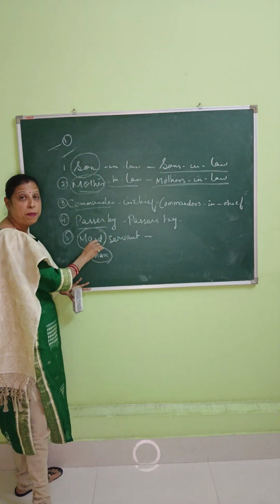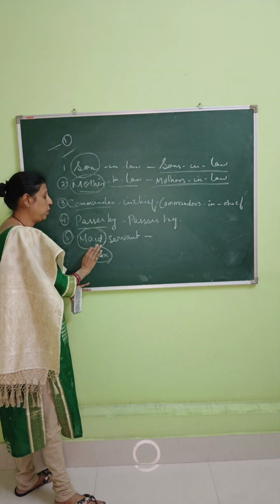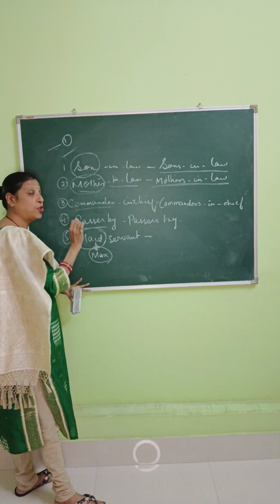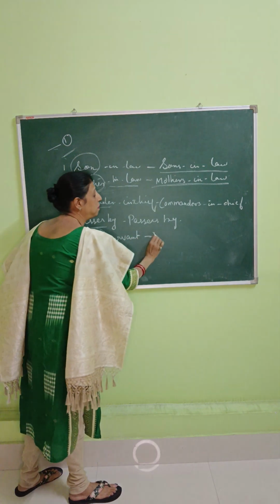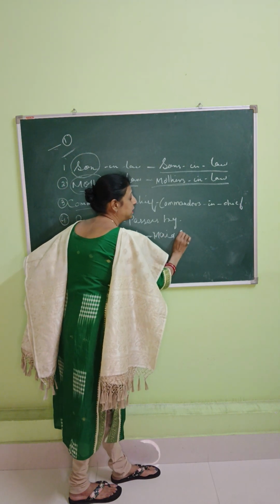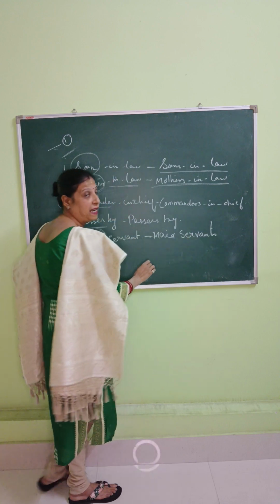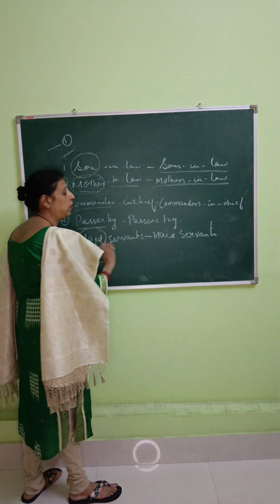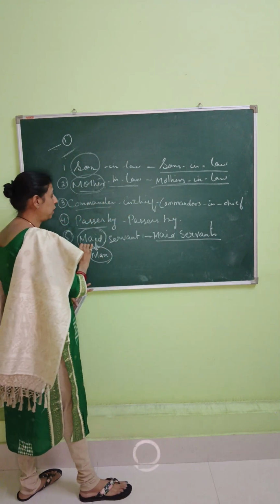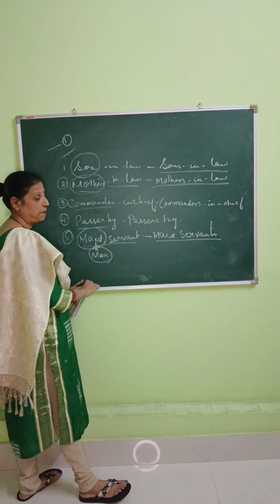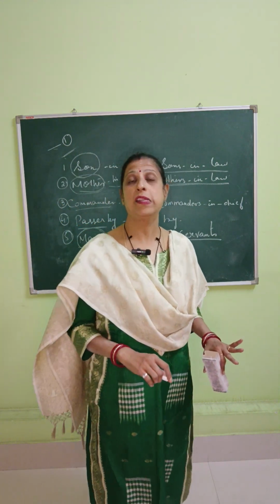Maid is the feminine gender for the word man. So here maid servant becomes maid servants. So we will only add s to the word servant to form a plural word for maid servant. Maid is only meant for a female servant.